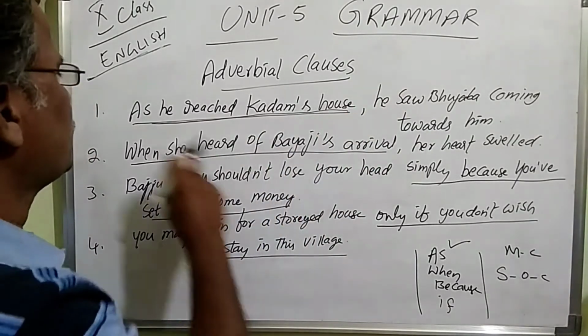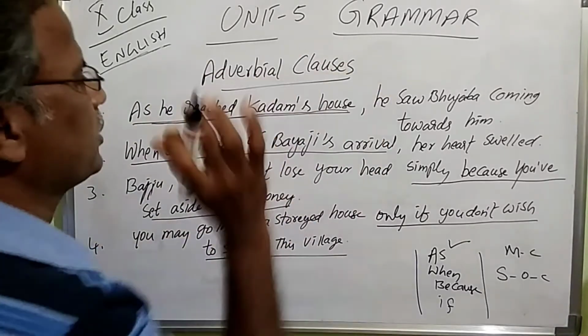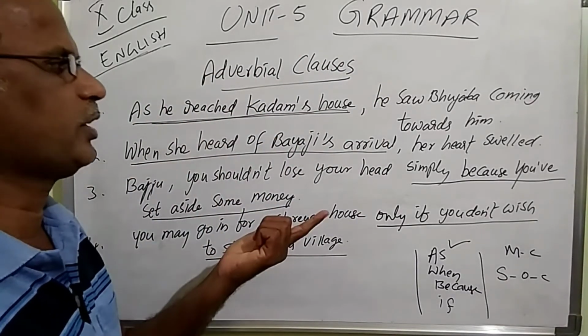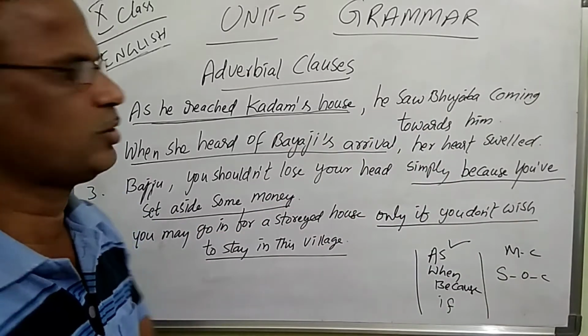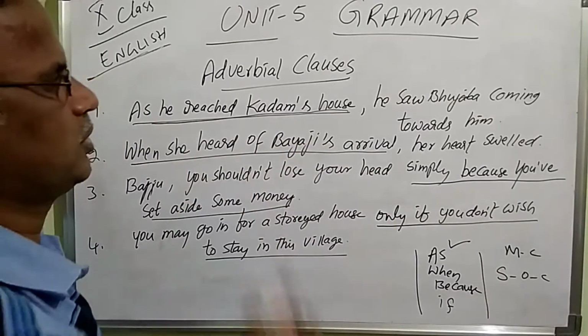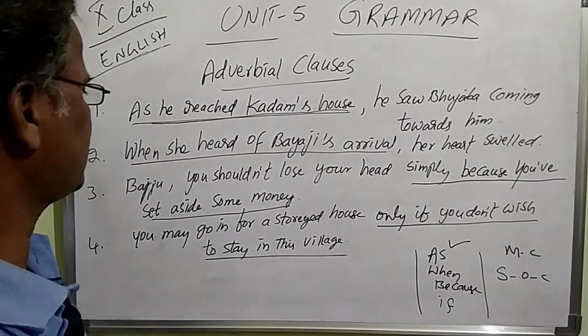Do you understand? This part including "as" is a subordinate clause which doesn't give complete meaning. The remaining part gives the complete meaning. So using "as," this clause is called an adverbial clause. What do you call it? Adverbial clause. And I am coming to the second sentence.